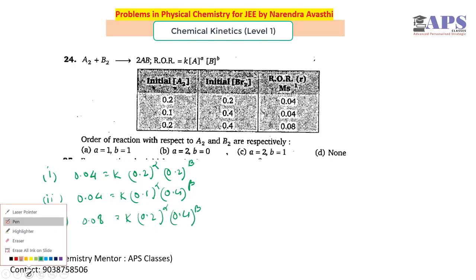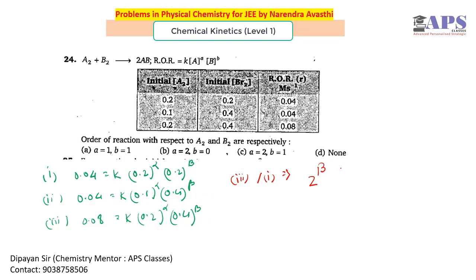Now if we divide 3 by 1, we will get 2 to the power beta equal to 2 to the power 1. That represents beta value equal to 1.